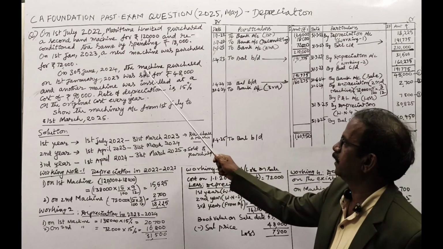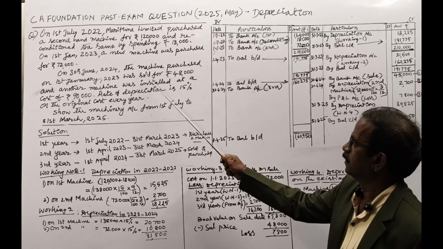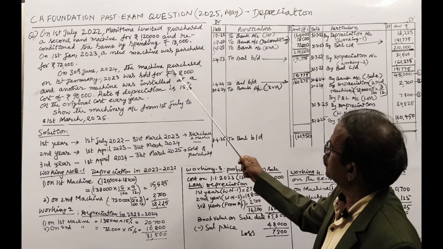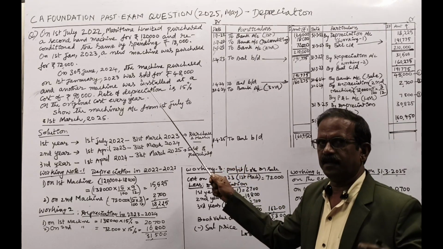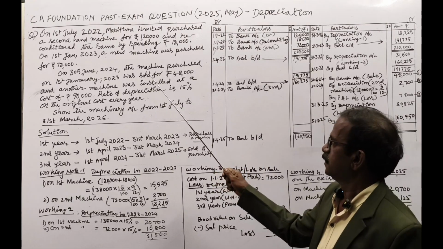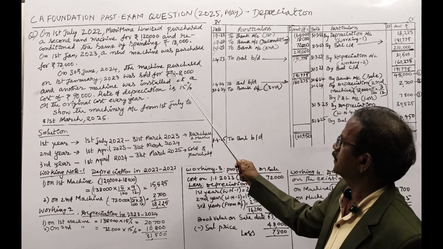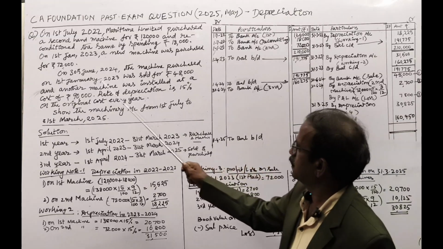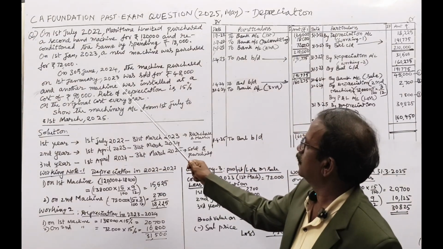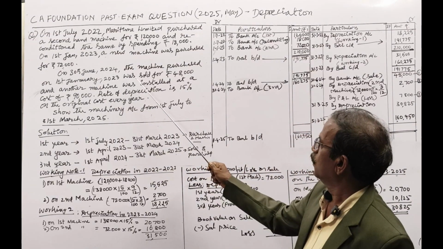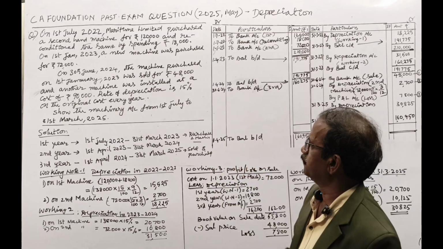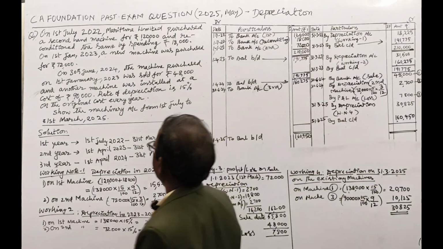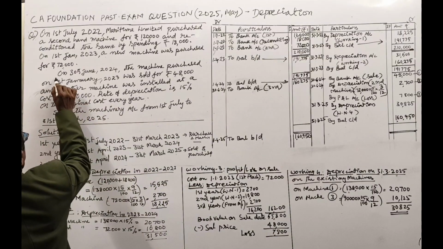You should take the meaning of this phrase. Even though it is not given earlier purchased, we should understand that the machine purchased on 1st January 2023 was sold for 48,000.